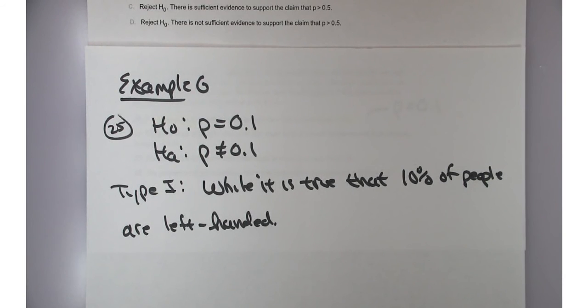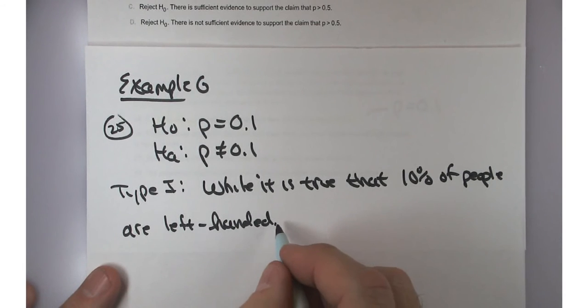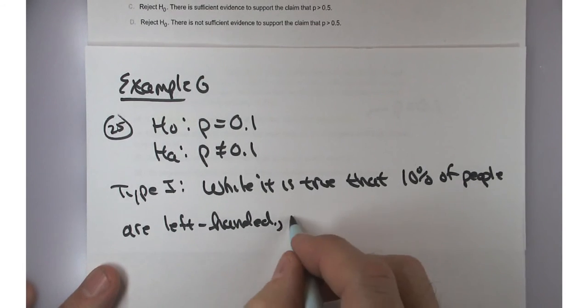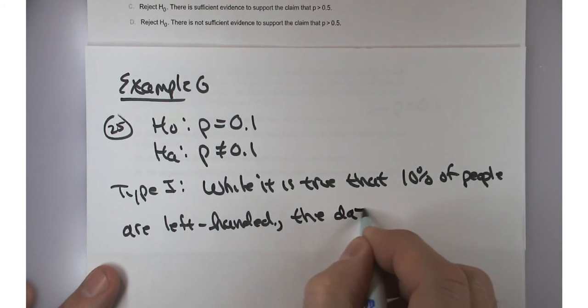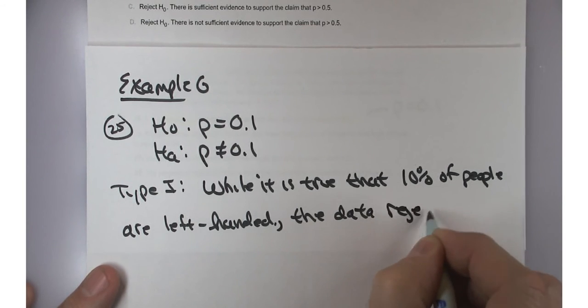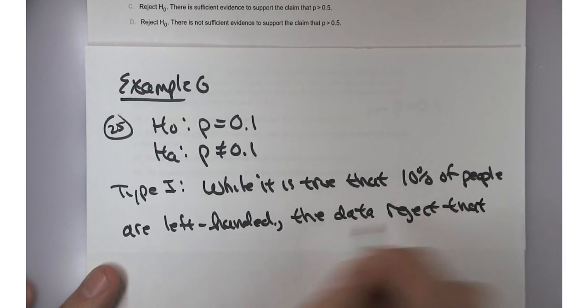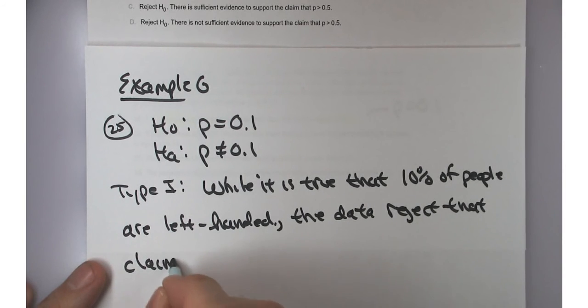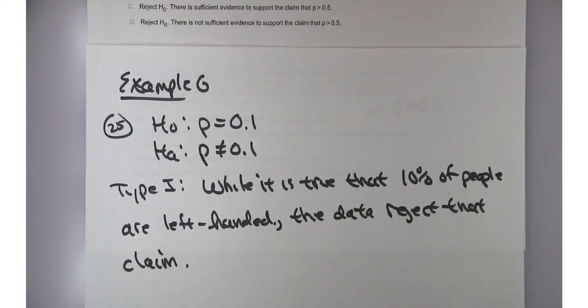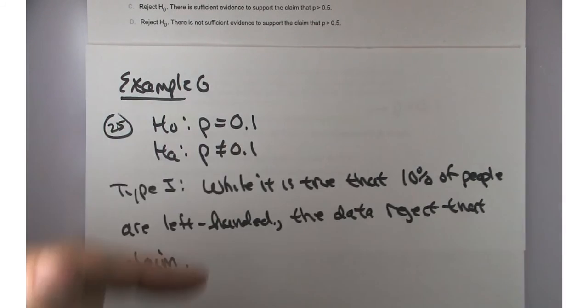It's true. So while it's true that 10% of the people are left-handed, the data reject that claim. That's stating what our decision was in the face of this right here.